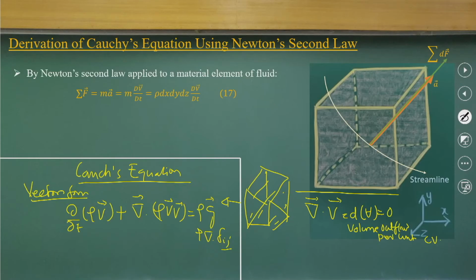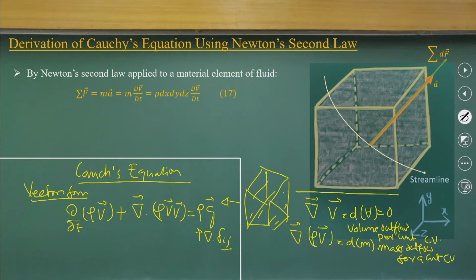In the same way, if I put del dot rho v, this indicates the mass outflow for a unit control volume.